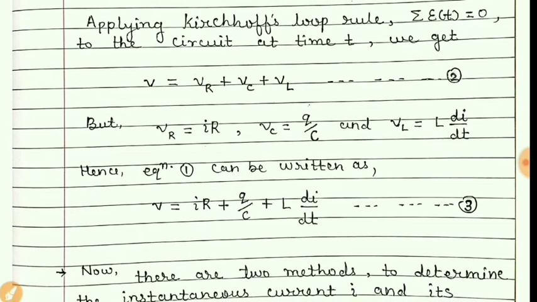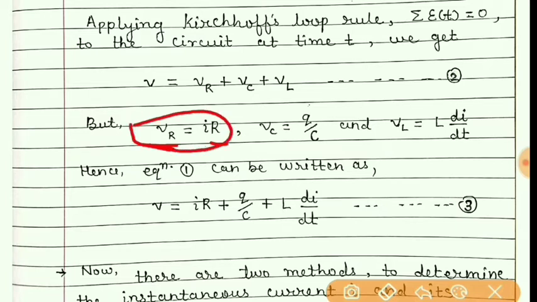Now we know that according to Ohm's law, voltage across resistor is IR. This we have applied for the AC circuit with only a resistor. Then VC is equal to Q by C. This we have applied for the AC circuit consisting only of a capacitor, and voltage across inductor VL is equal to L di by dt.